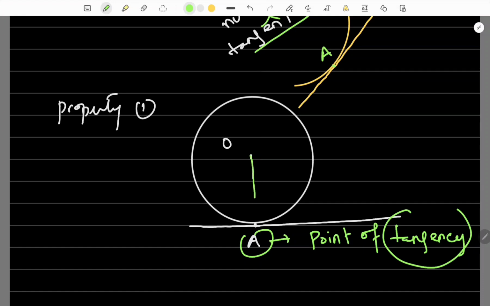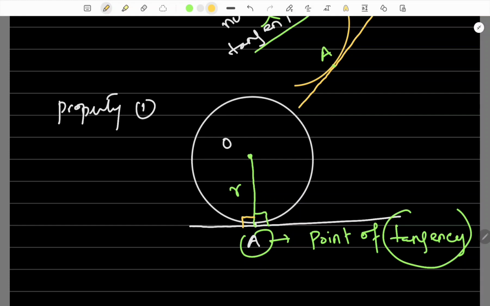If radius is drawn, obviously radius is drawn from the center of the circle to the point of tangency, beta, please remember that radius always makes an angle of 90 degree with the tangent. Radius always makes an angle of 90 degree with the tangent. Obviously on both sides, right?